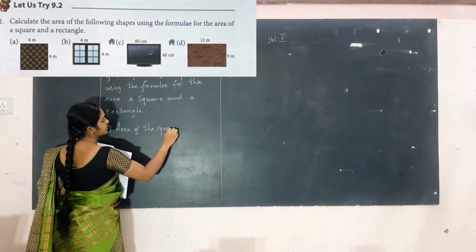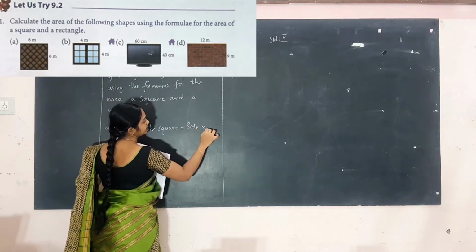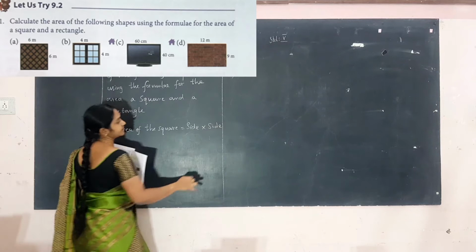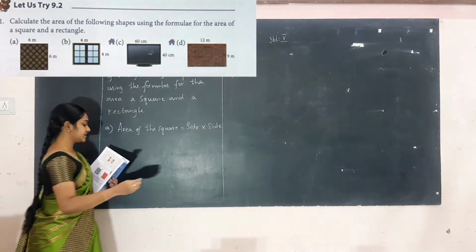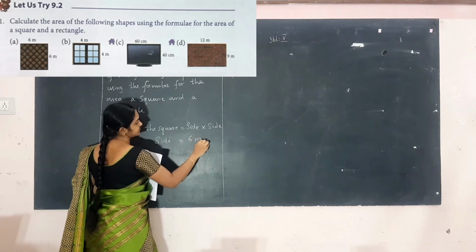Area of the square is equal to side into side. Side is given as 6 meter.